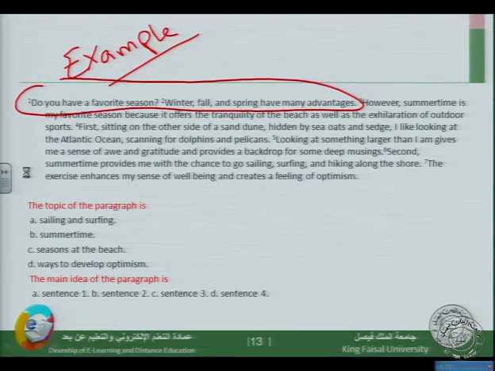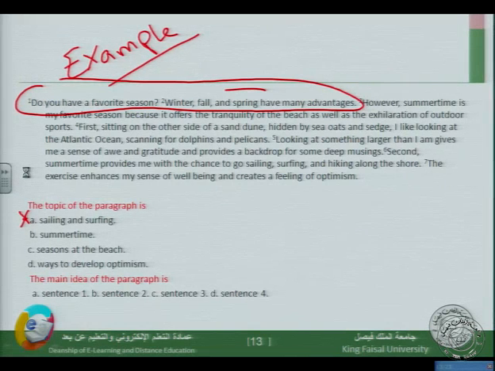Here's the topic of the paragraph. So the topic of the paragraph is about what? Is it about sailing and surfing? We don't have anything mentioned here about surfing and sailing, so it's wrong. Is it about seasons at the beach? Well, we don't know.